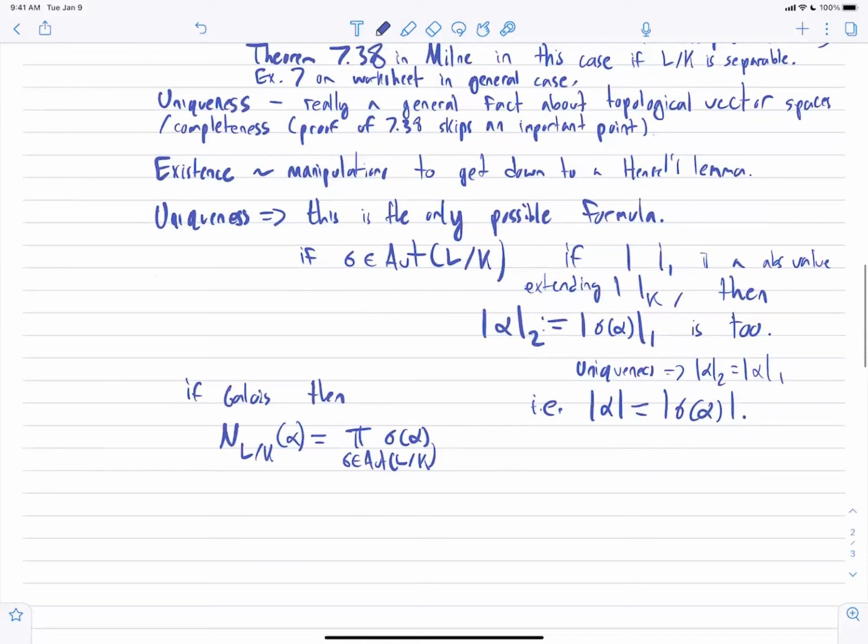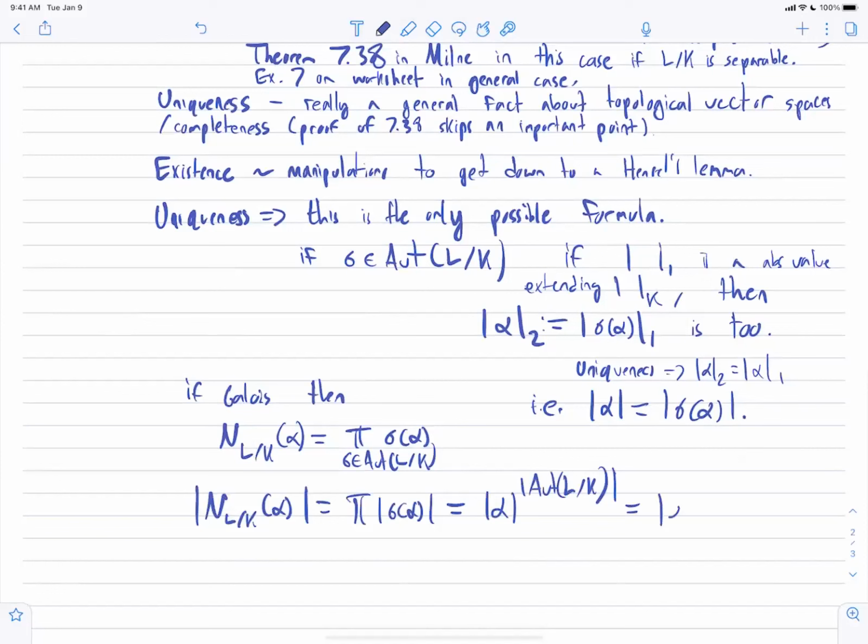If I take the absolute values, this is the product of the absolute value of sigma of alpha. All of those are the same, so this is just the absolute value of alpha to the size of L over K, which is equal to the degree.